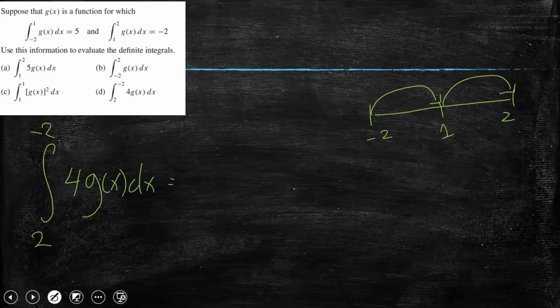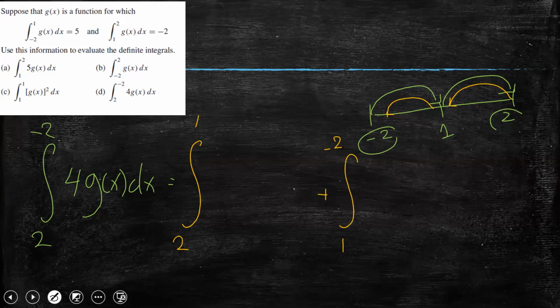Here, I don't want from -2 to 2. I want from 2 to -2. I can write it as from 2 to 1 plus from 1 to -2.